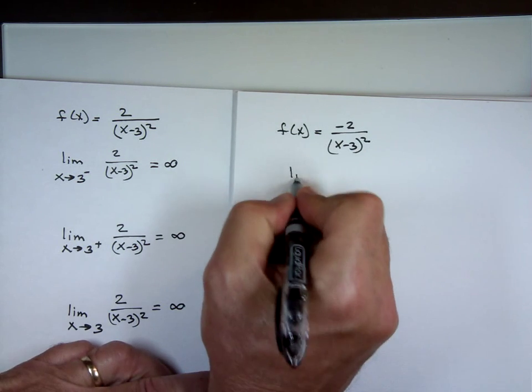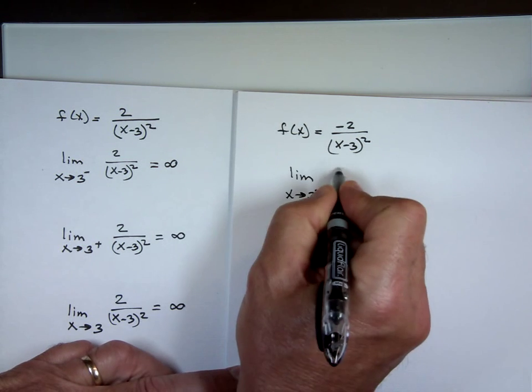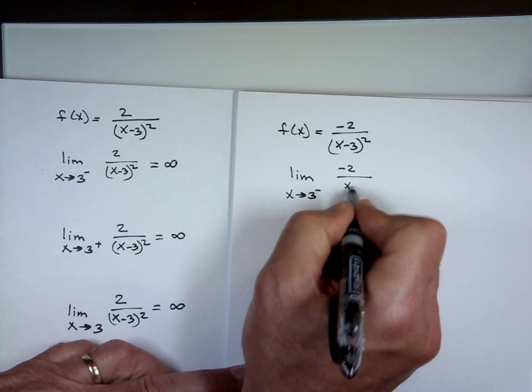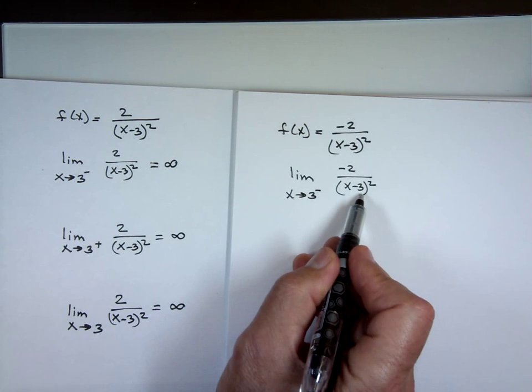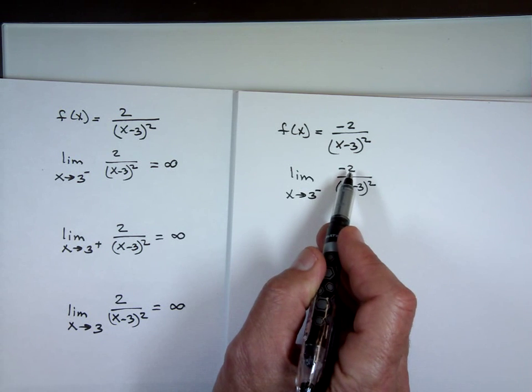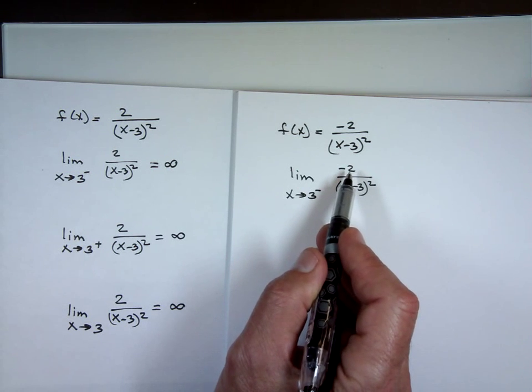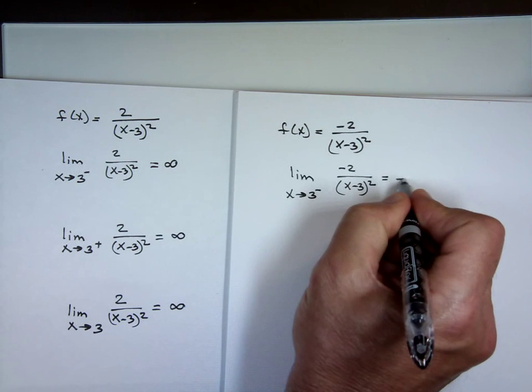What's the limit now as x approaches the 3 from the left side? We know this number is positive here in the bottom because you're squaring it. But what about the number on the top? So would it be negative? Negative. So what's negative over positive? Negative. That will go to negative infinity.